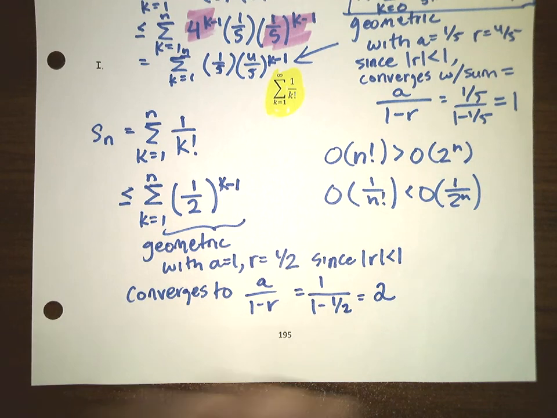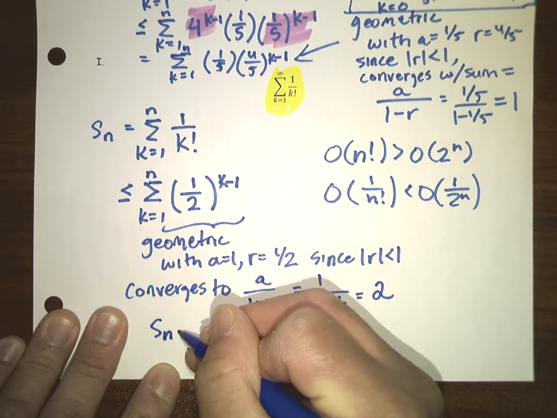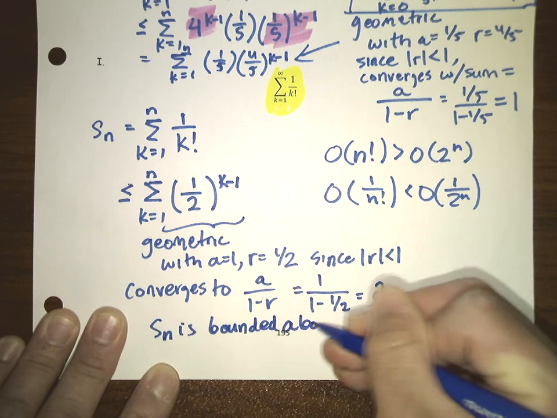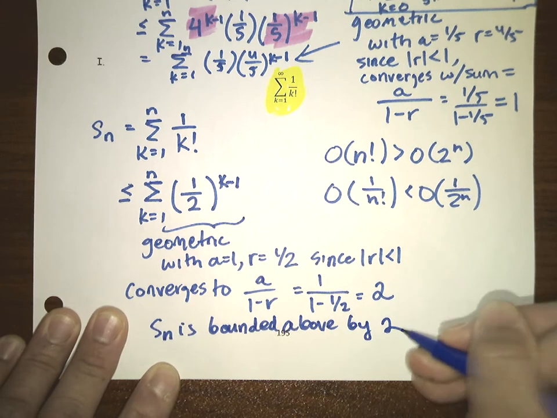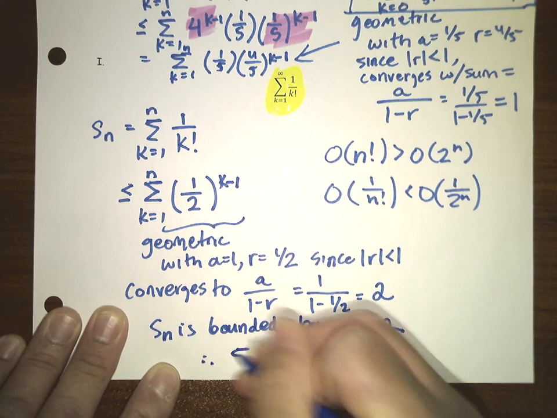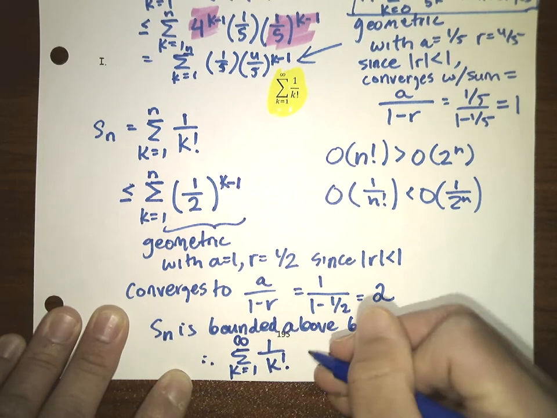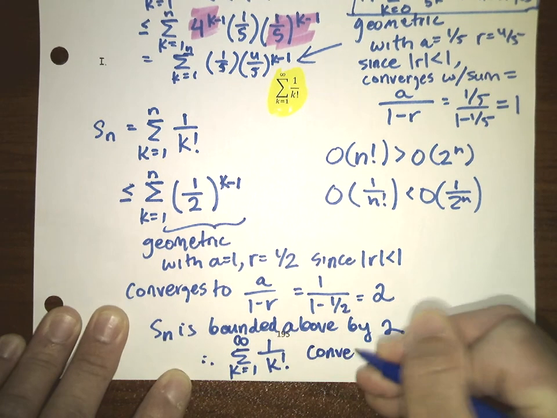All right, so that means that S_n is bounded above by 2, so therefore the series k equals 1 to infinity of 1 over k factorial converges.